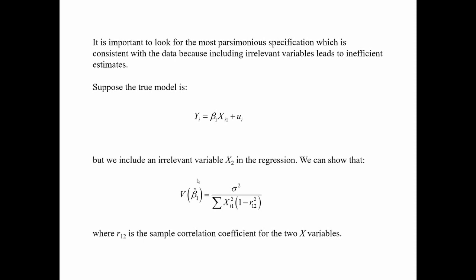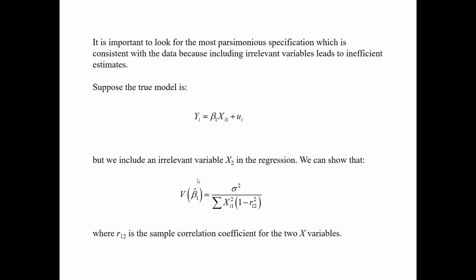And if x1 and x2 happen to be correlated with each other, and in general with time series data there will be some correlation between the variables, then this variance is higher than the variance you would obtain if you were to exclude the x2 variable from the regression equation.